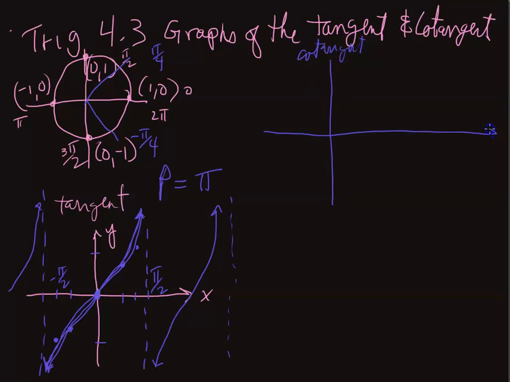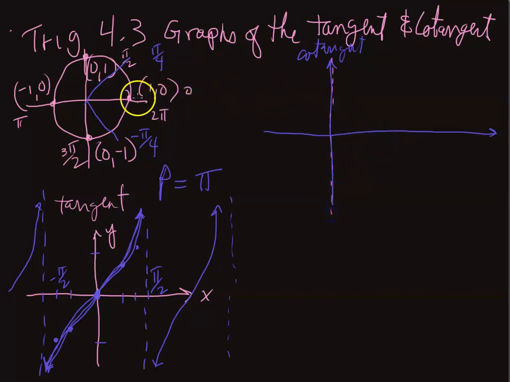It is similar. Except now, when you have x over y, it's undefined. Let's go back to the other colors. It's undefined at 0 here.